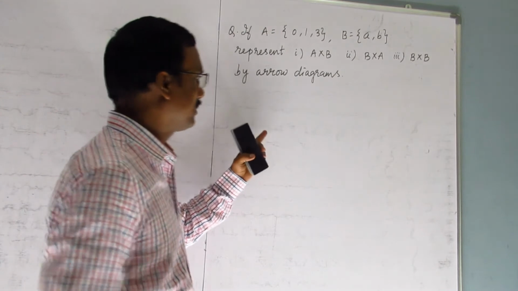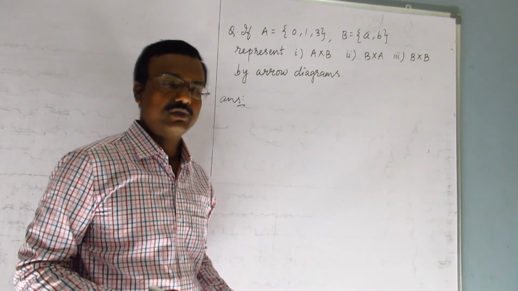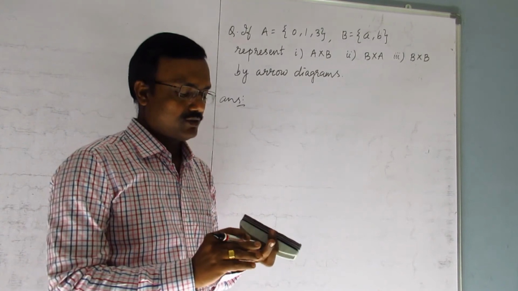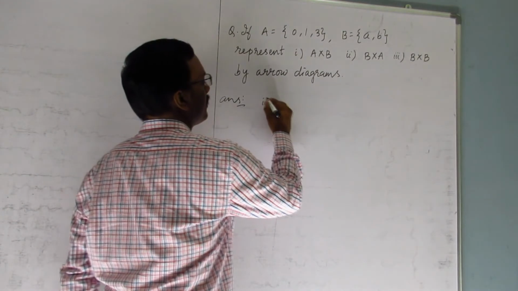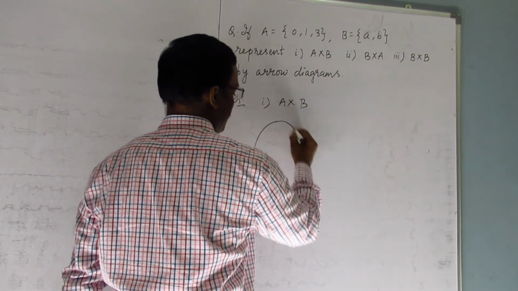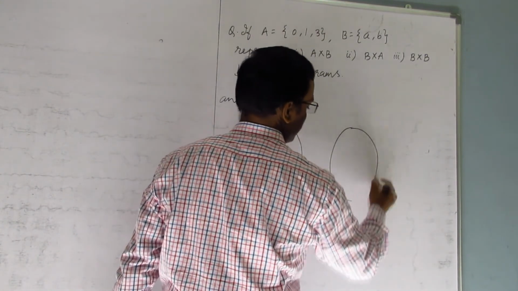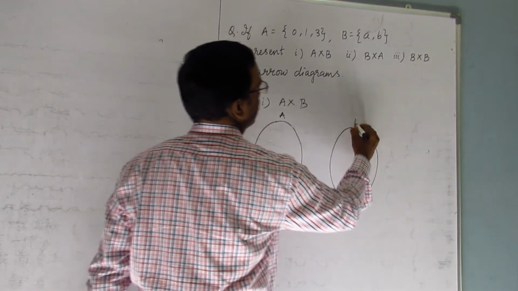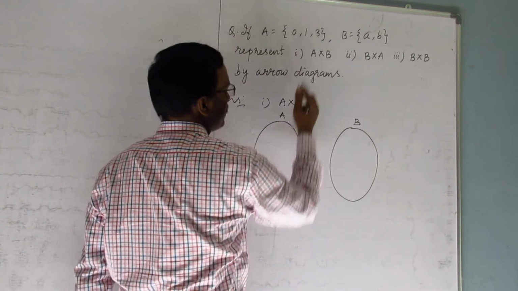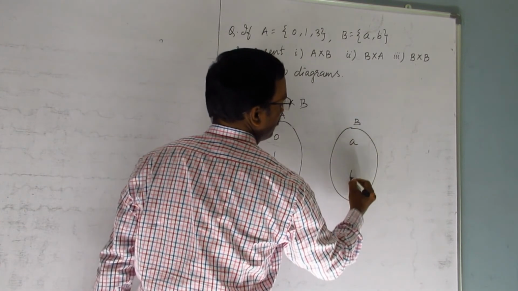Next question is on arrow diagram. So set A is given to be {0, 1, 3}. Set B is {a, b}. We have to represent these three sets by arrow diagram. So very easy, students. First one, A cross B. For that we will choose a diagram representing set A and set B. Now show the elements in set A: 0, 1, 3, and in set B we have to show a, b.